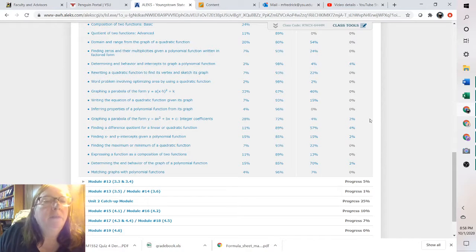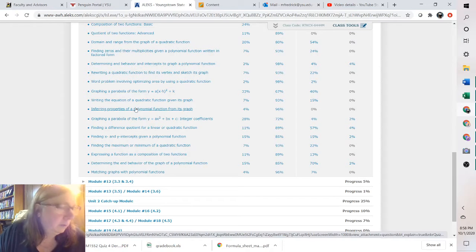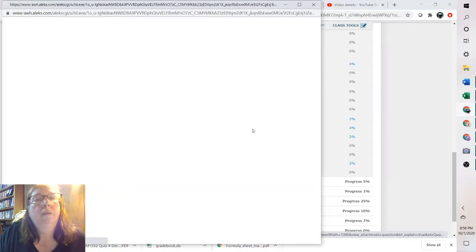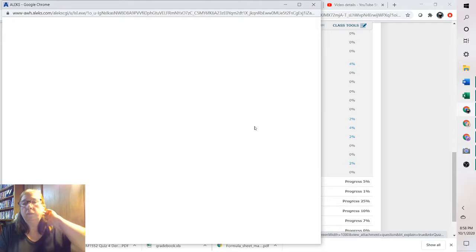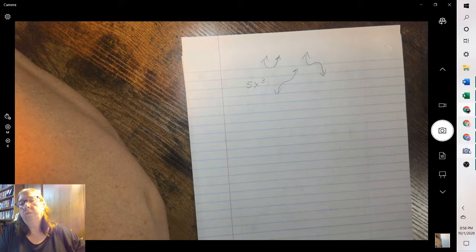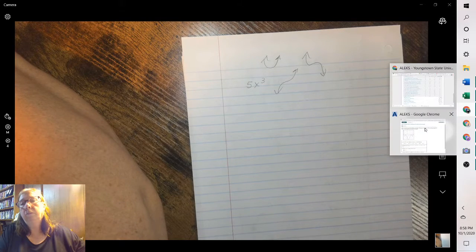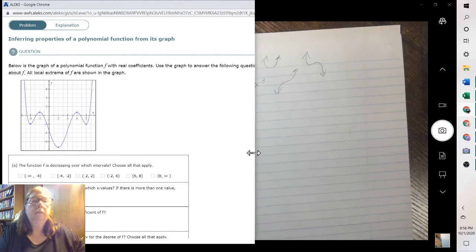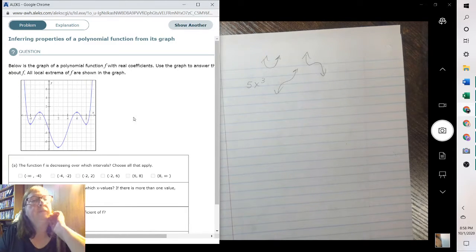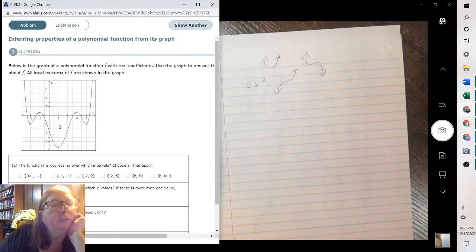Inferring properties of a polynomial. Okay, on this one, we know it's both going up, so it's an even function. But they want to know that the function is decreasing over which intervals.